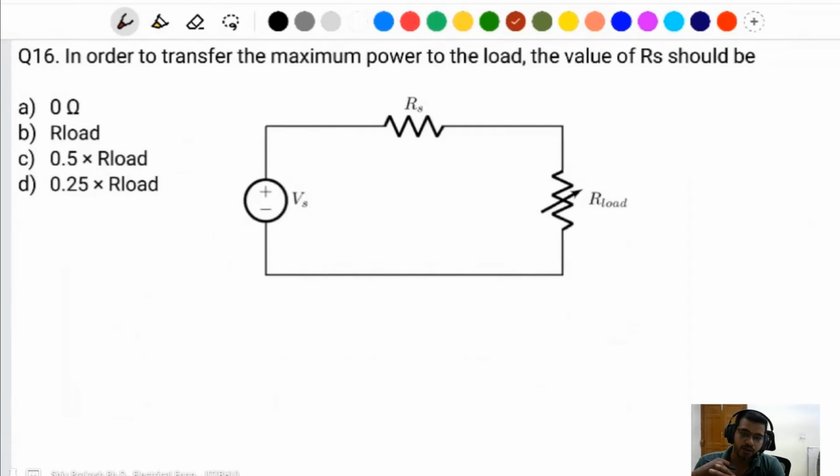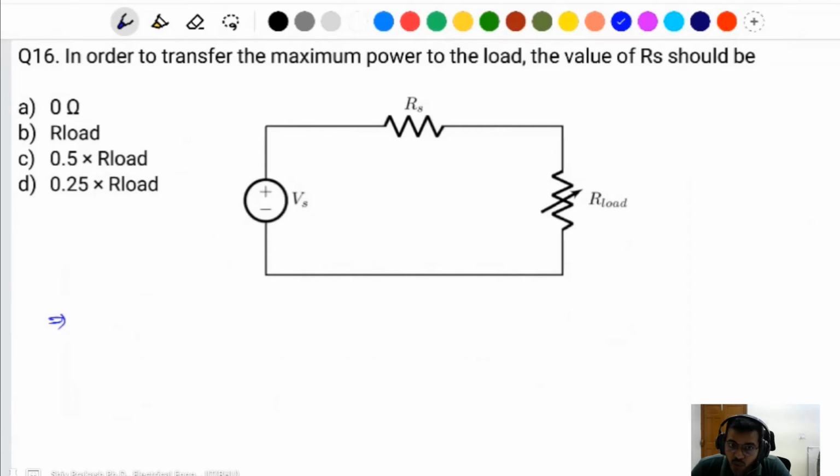It will be 0, or equal to the load resistance, or half of the load resistance, or a quarter of the load resistance. Look, see here.